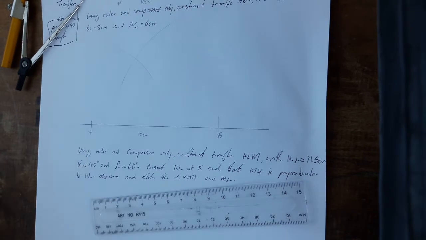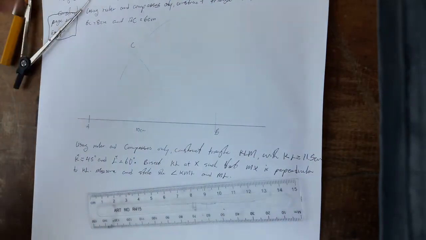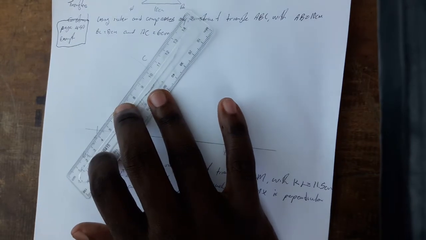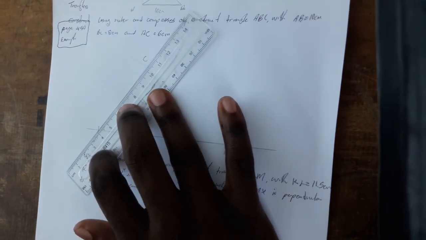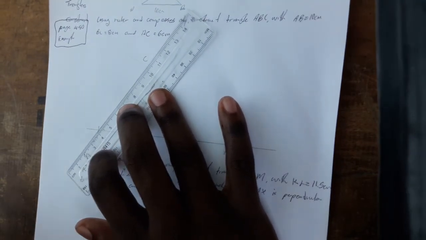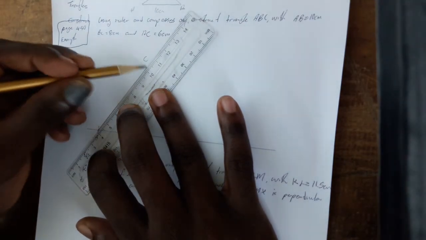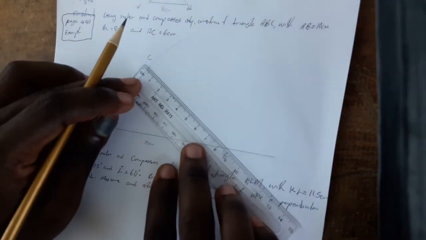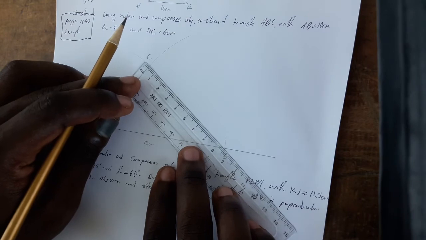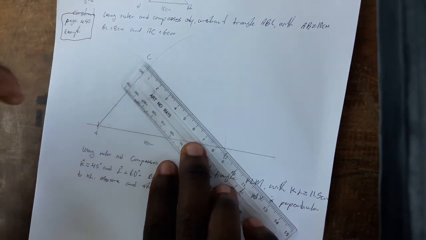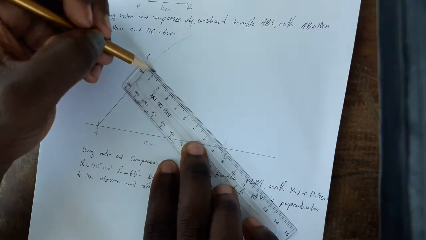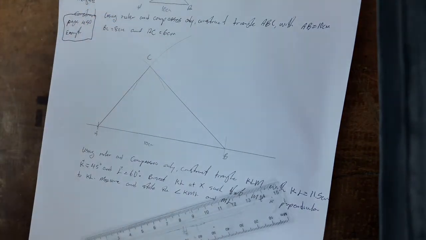So now we know where C is: C is where these two arcs meet. So we can now draw our lines from A to C, and from B to there. And that's how you construct a triangle when they give you no angle.